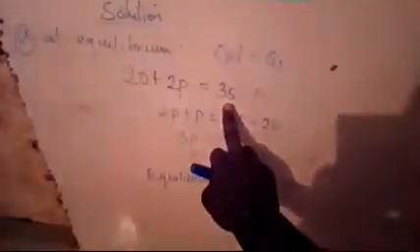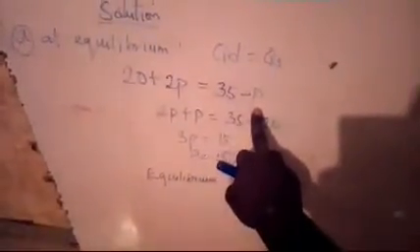Now, in order to calculate our equilibrium price, we have to equate quantity supplied and quantity demanded. Doing so, we say at equilibrium, quantity demanded equals quantity supplied. Quantity supplied is 20 plus 2p. Quantity demanded is 35 minus p.